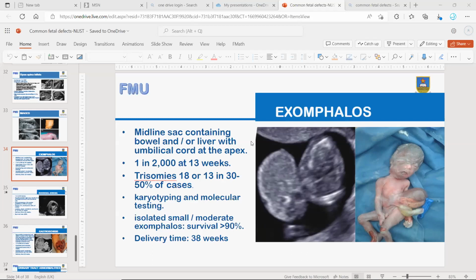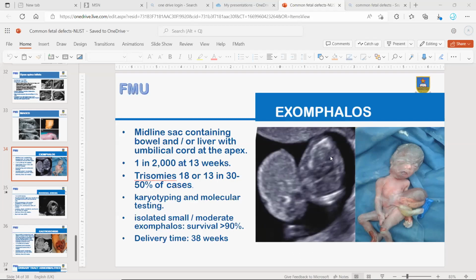But also be aware that exomphalos can be physiological. Physiological in the sense that it will commence, because I told you naturally, the bowels are outside when the baby starts forming as early as 5-6 weeks there. But the bowels have to go back inside by 12 weeks.